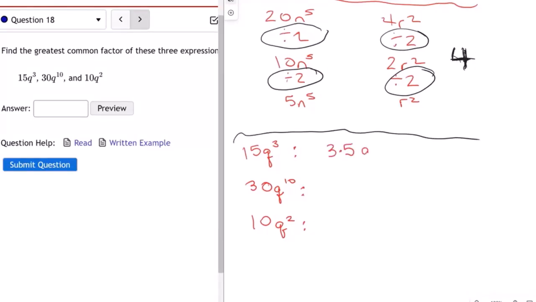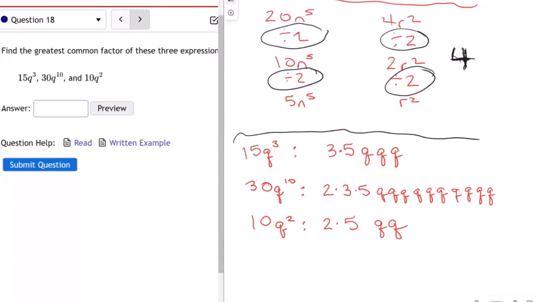And q to the 3rd is 3 q's. 30, I know is 2 times 15. 15 is 3 times 5. And I'm going to have 10 q's. This is why this is not the most efficient. You could always do this, and this is 10, which is 2 times 5. And I have 2 q's.